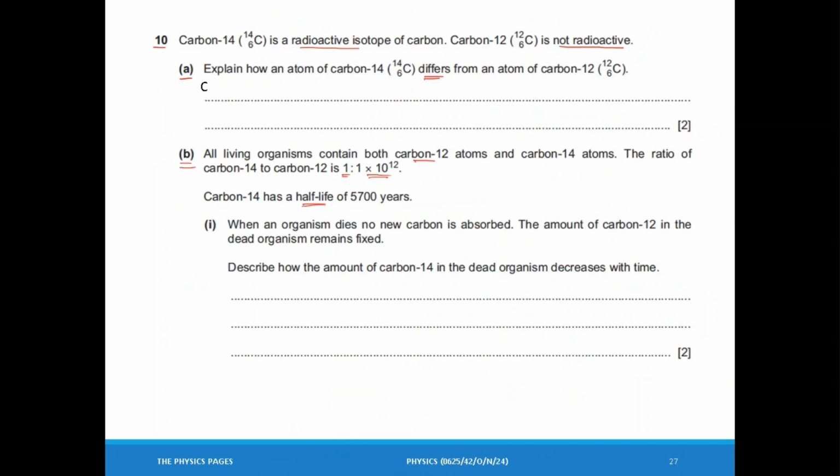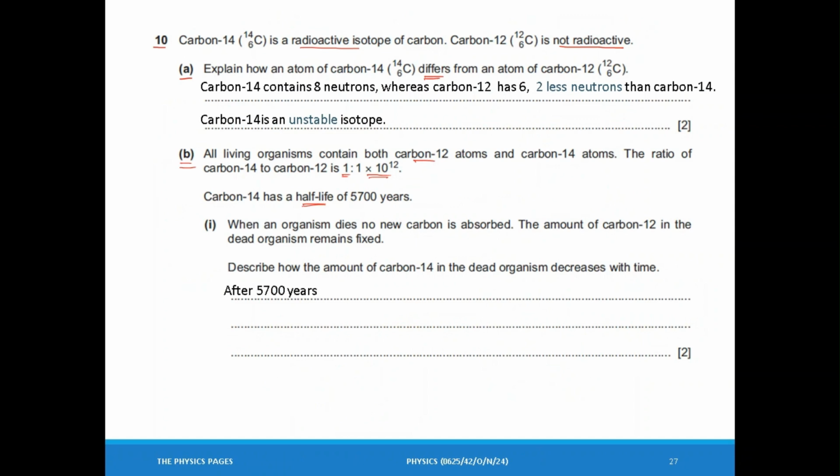Now we can simply solve it like this. Part 1: when an organism dies, no new carbon is absorbed. The amount of carbon 12 in the dead organism is fixed because it is non-radioactive.